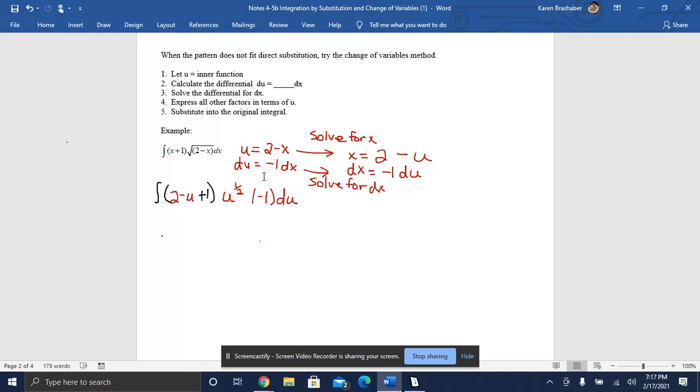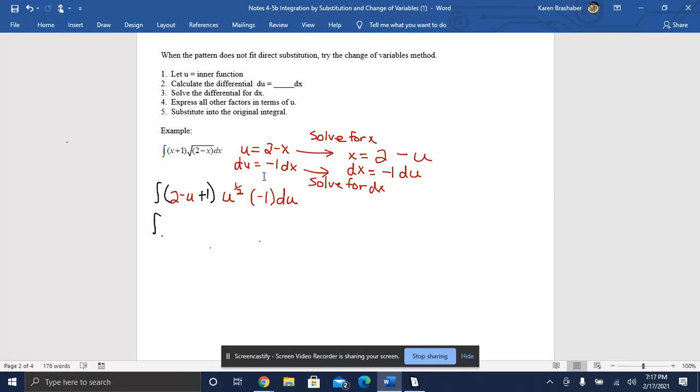All right, so that may look more messy, but actually we can combine terms and do the distributive property and actually have individual terms to integrate. So that's what we're going to do next.